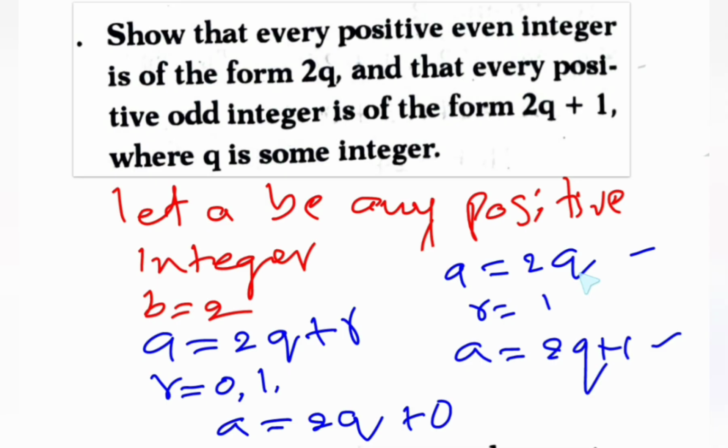So any positive odd integer is in the form of 2q plus 1, and a in the form of 2q is an even integer.